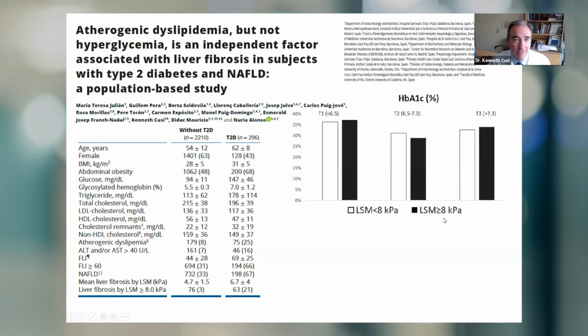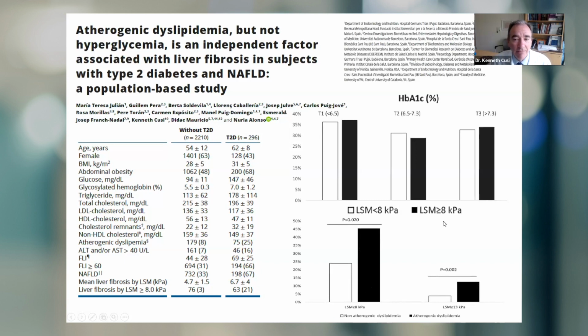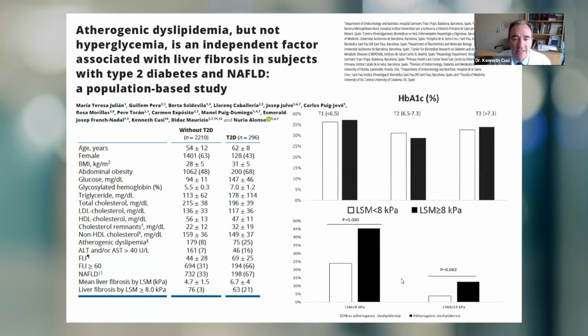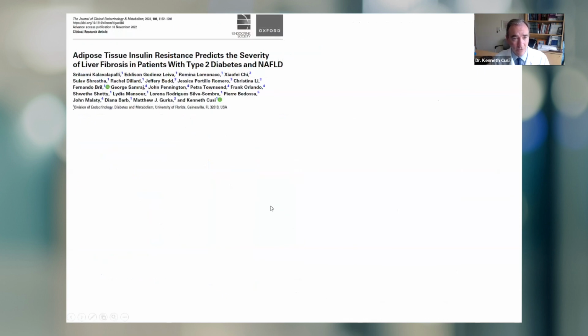Liver stiffness by transient elastography was not different, but what was really making a difference was atherogenic dyslipidemia. In other words, the atherogenic dyslipidemia you see in clinic, high triglycerides, low HDL, that is a very good marker of insulin resistance. So it is insulin resistance, the true marker of disease progression.